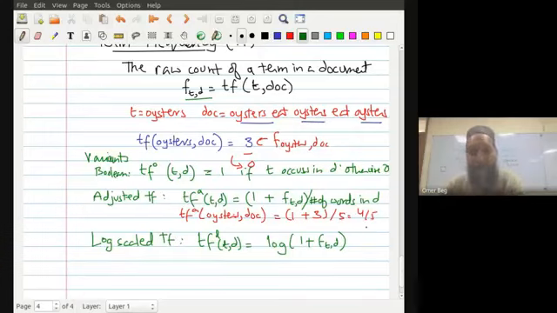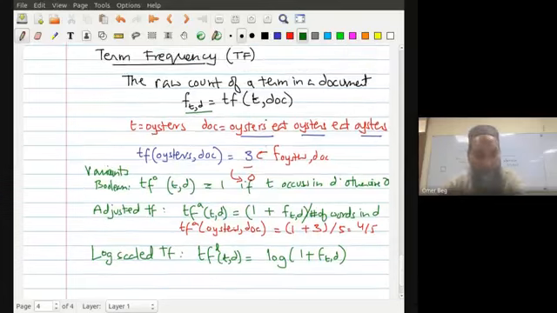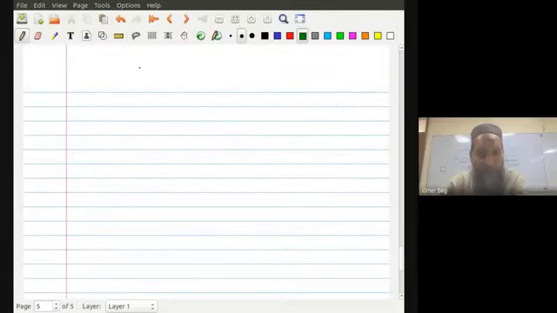Okay? This is log of 1 plus whatever the frequency you got from the raw term frequency. Okay? So that's TF, and that now brings us to document frequency.